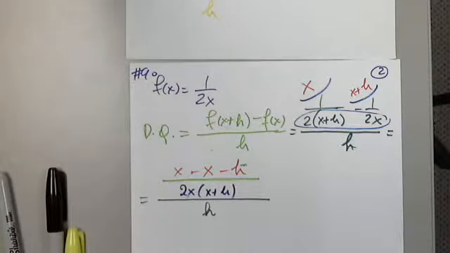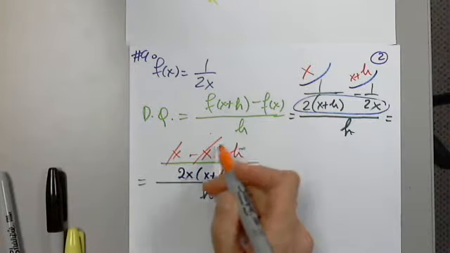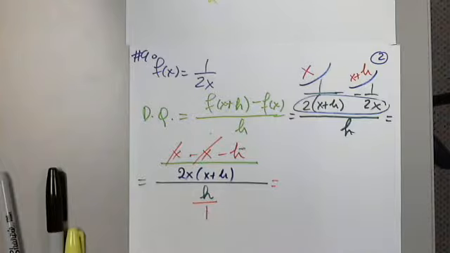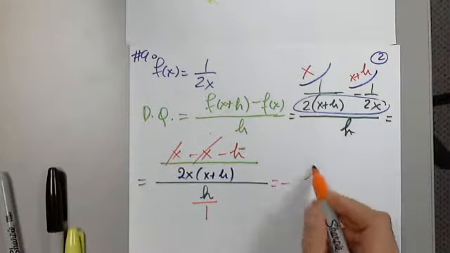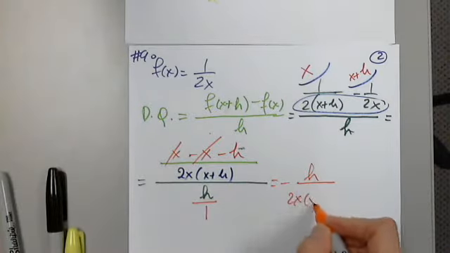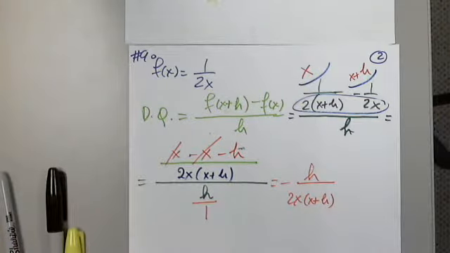The terms without h must go away. Good. Do they? Good. So now how do I divide a fraction by another fraction? So I copy the fraction from the top. And what do I do now? How do we divide two fractions?